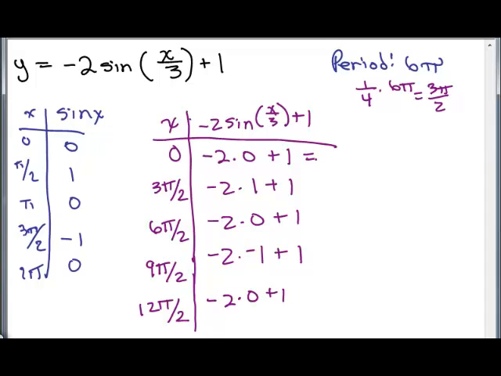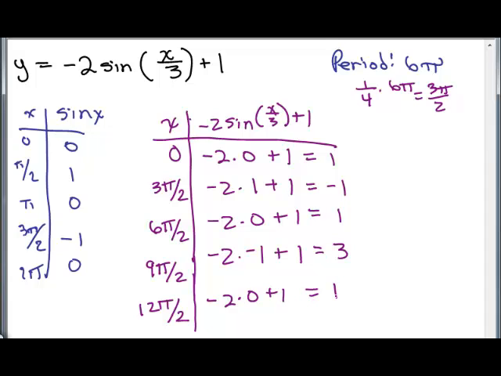And these give us these y values. 1, right, negative 2 plus 1 is negative 1, 0 plus 1 is 1, 2 plus 1 is 3, 0 plus 1 is 1.